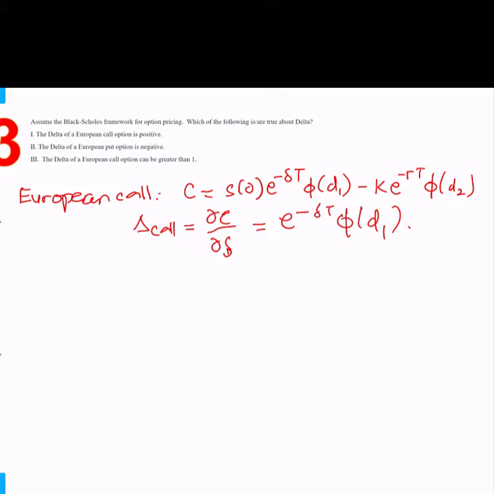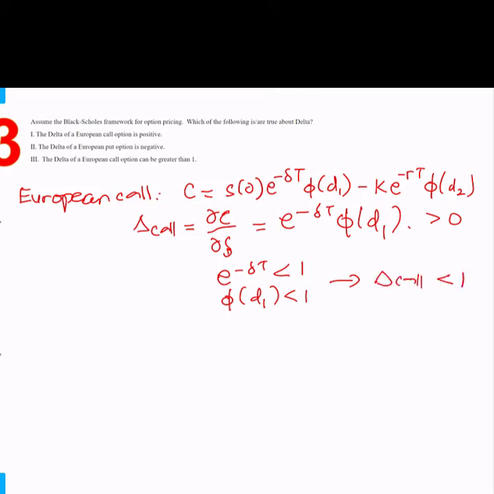For this, we see that the delta of a call option is always positive. But is it greater than 1? The answer is no, because e to the minus delta T is less than 1, and phi of d1 is also less than 1.